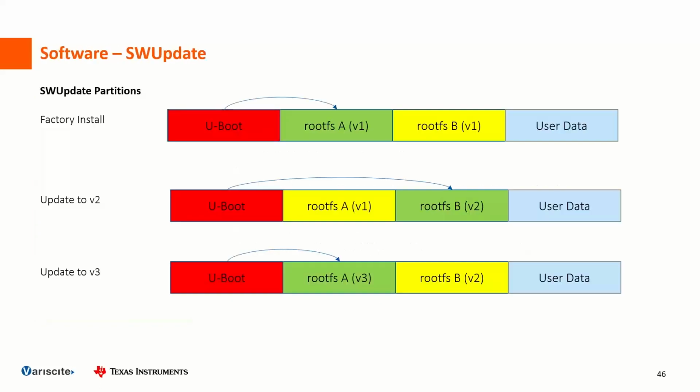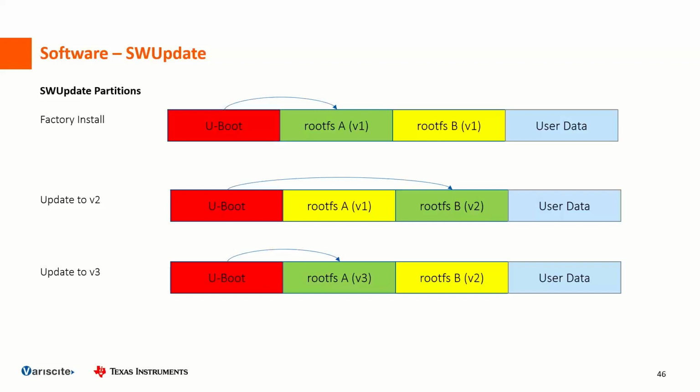Let's see how software update works, or at least our implementation. It is one of the possible implementations. The product may start from the factory with two root file systems. One is active, the other one is, let's say, sleeping. Okay? And at some point, you decide to have an update. So you start the framework, you get the update, you download the update, and you install the update.